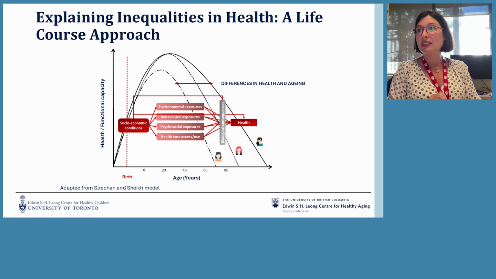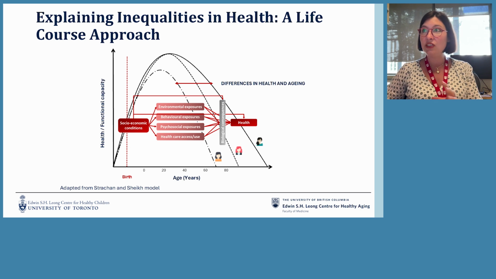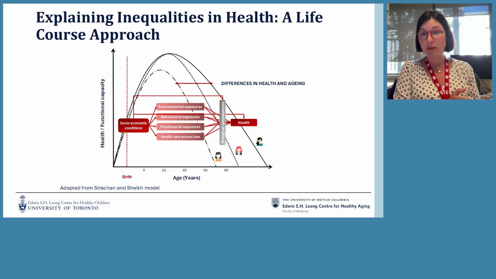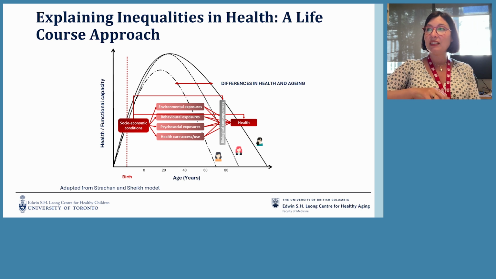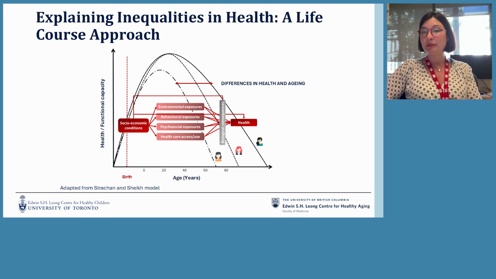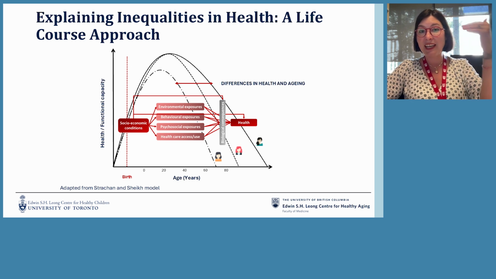Here we have on the y-axis health and functional capacity, and then age, starting from preconception, and then we have drawn three progressive trajectories of building health and decline of three hypothetical people.